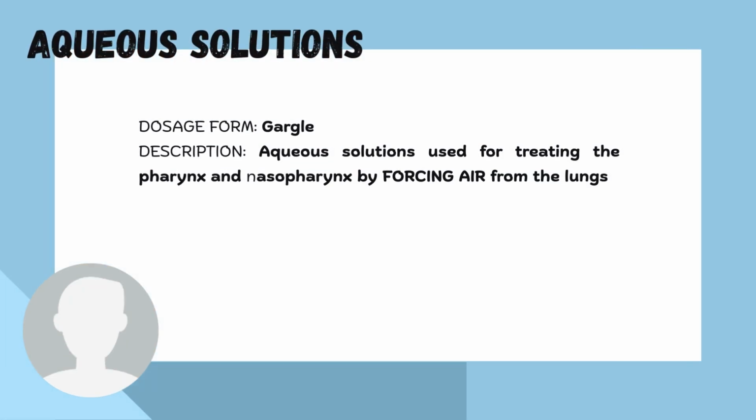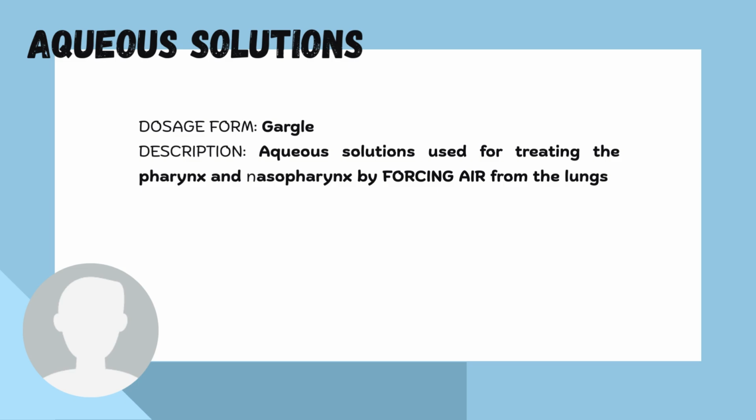Next, we have the gargle. So gargles are aqueous solutions used to treat or cleanse the throat and mouth, specifically the pharynx and the nasopharynx. They are applied by forcing air from the lungs through the throat while holding the solution in the mouth. That's the act of gargling. So when you gargle with a solution, you're actually treating the back of your throat.